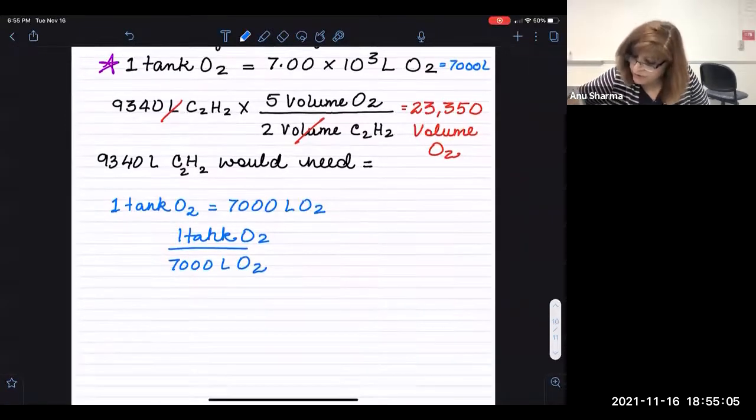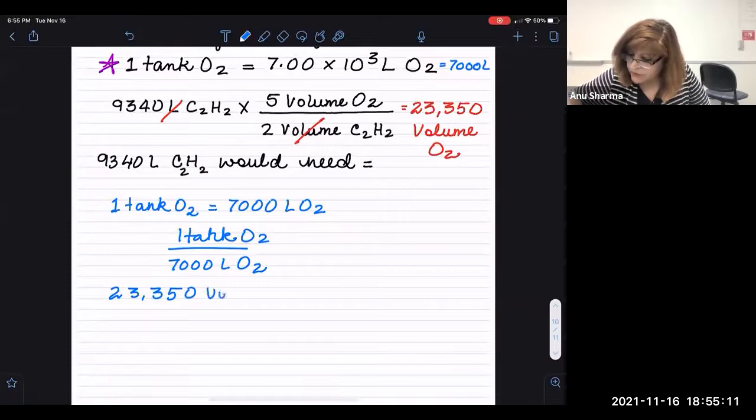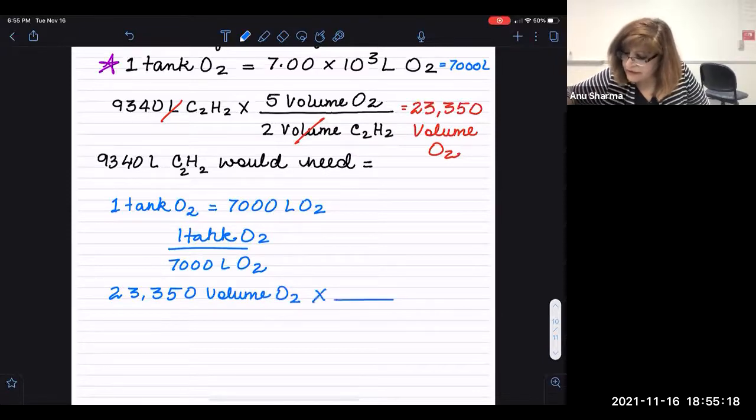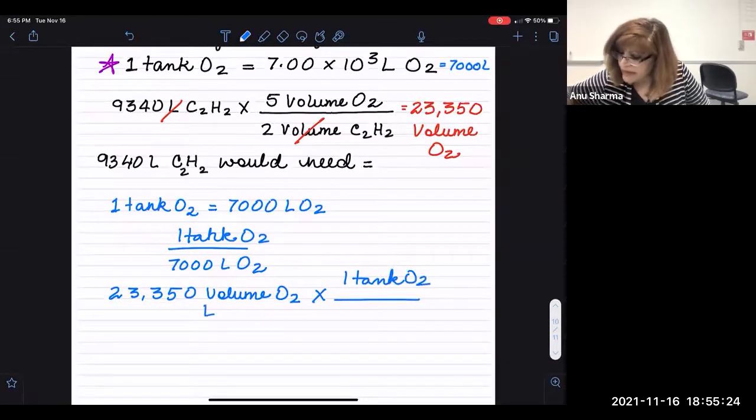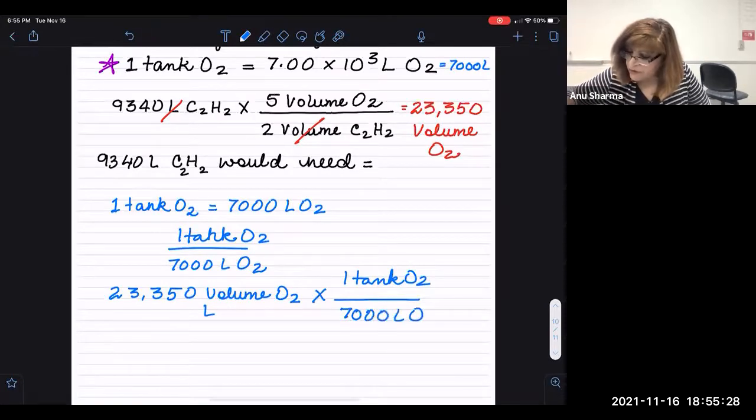So for 23350 volumes of oxygen, and volumes is in liters, times 1 tank of oxygen over 7,000 liters of oxygen.